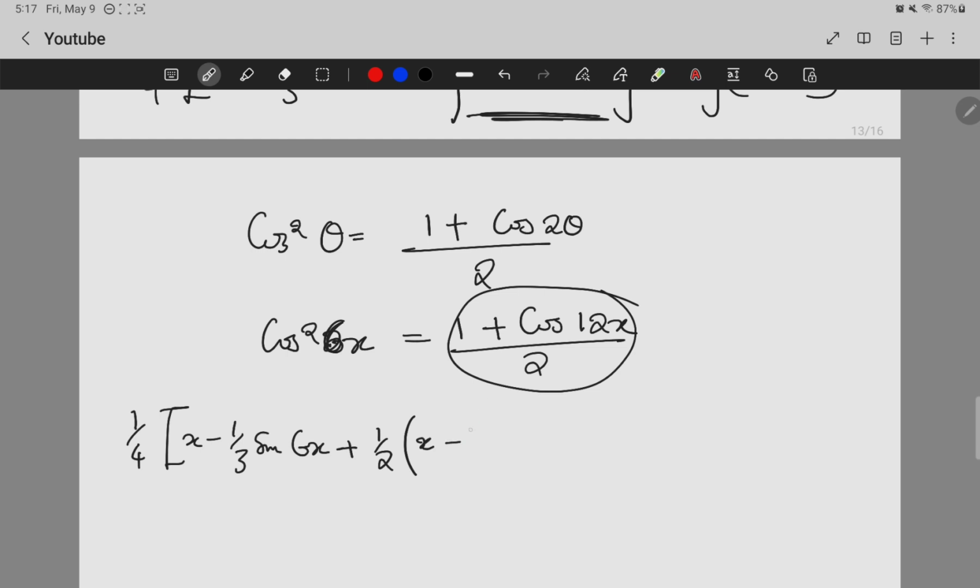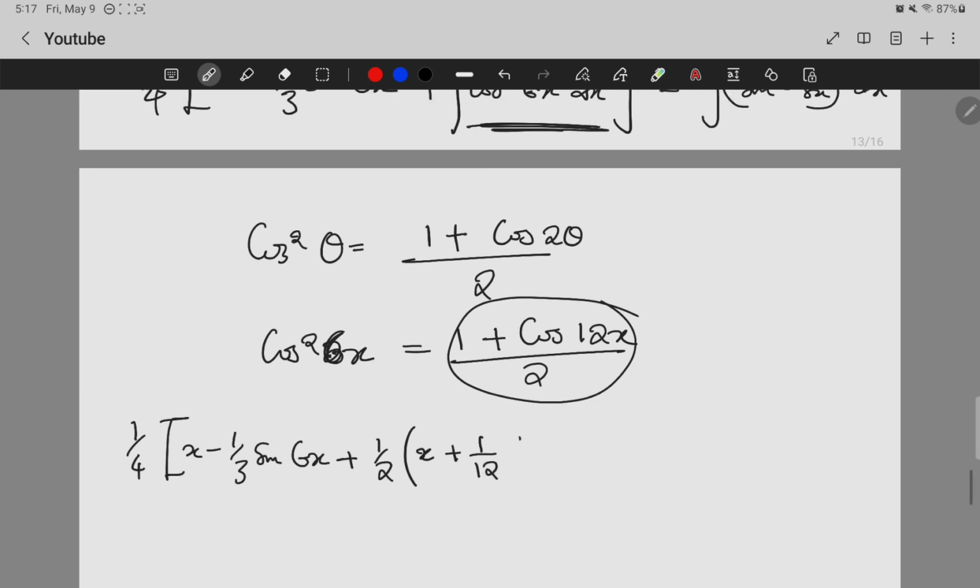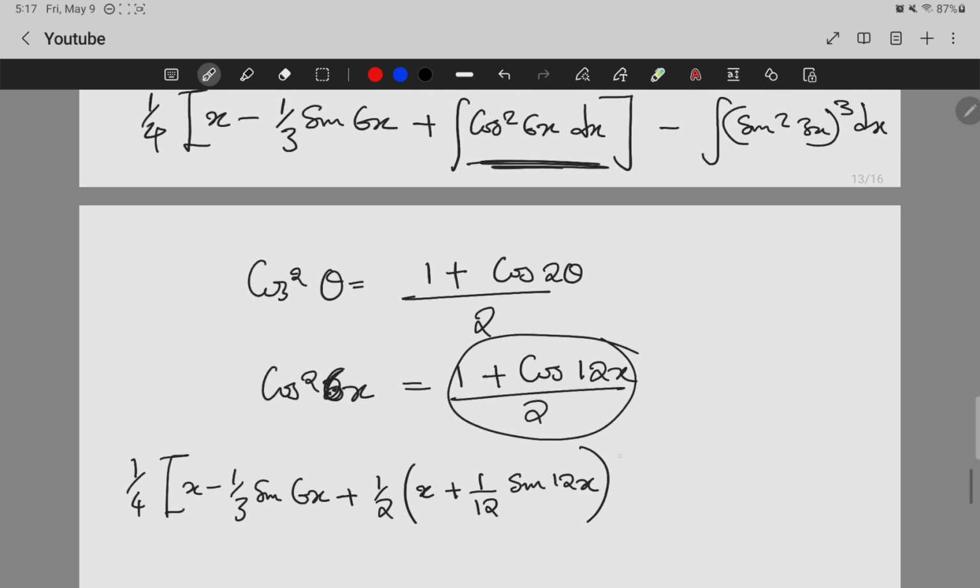When we integrate the cos, this was to be positive, so it will be 1 over 12, and the integral of cos will be sine 12x. So just verify this to make sure that I haven't made any unnecessary errors here. And then you have minus that last part, sine squared 3x to the power 3 dx.